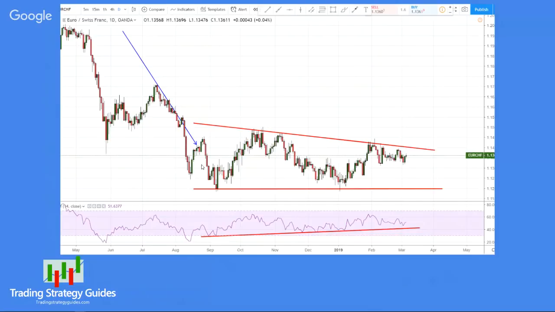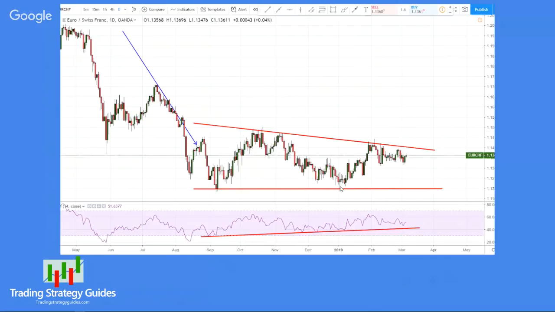Now, typically these triangles and flag patterns break in the same direction as the incoming trend, but they don't always. And you can actually trade them in either direction if it breaks out of this top, but that is just not as high a probability trade as looking for the break from this support level. Because not only do you have a price level that a lot of traders are going to be looking at, in addition to this wind up that's happening right here, because these support levels typically go back.